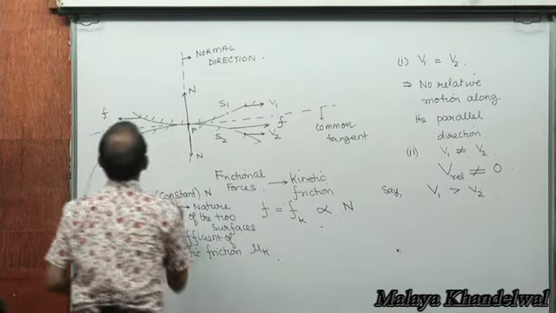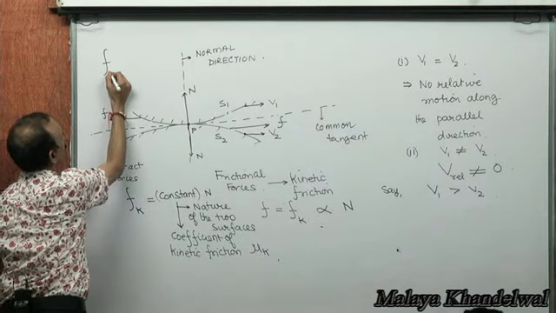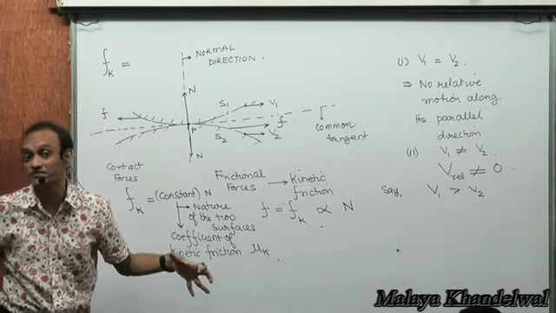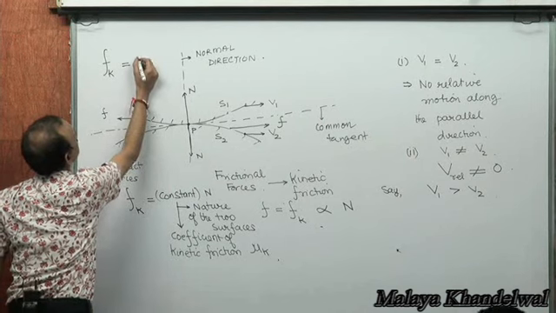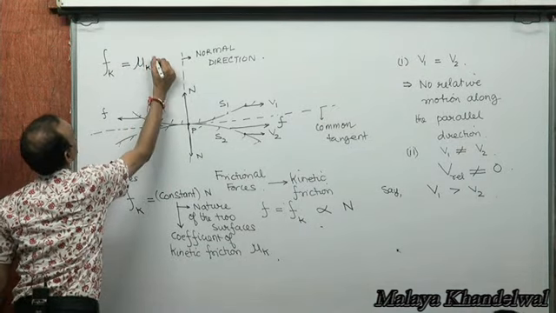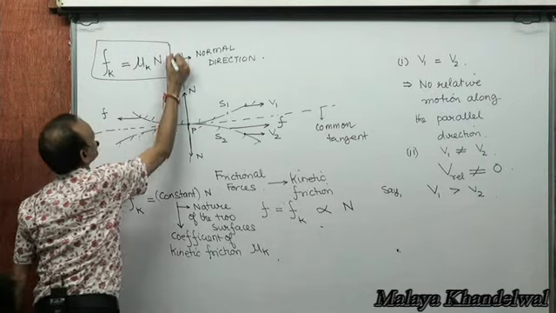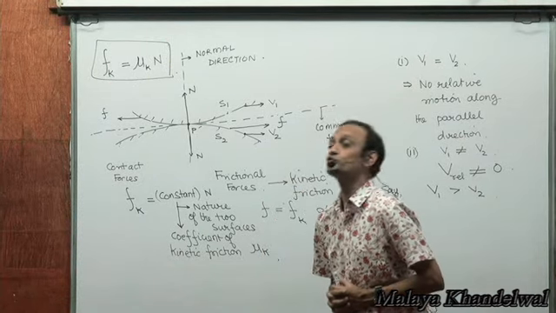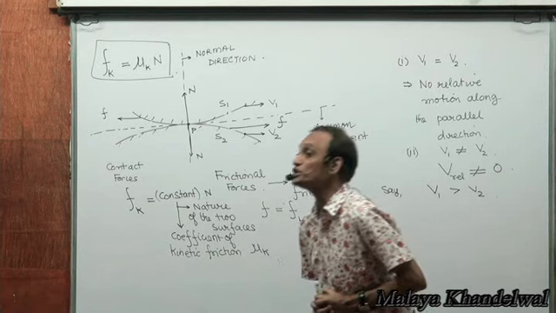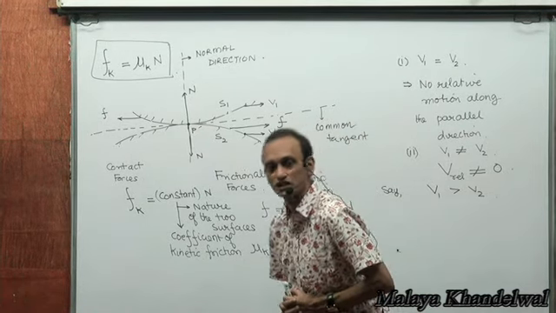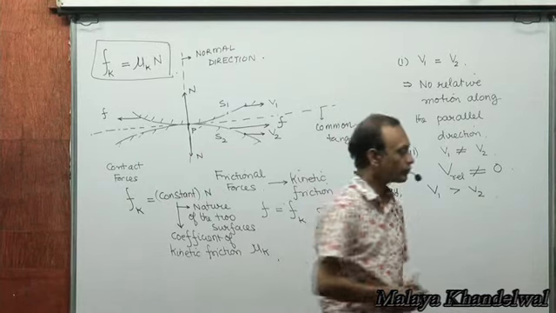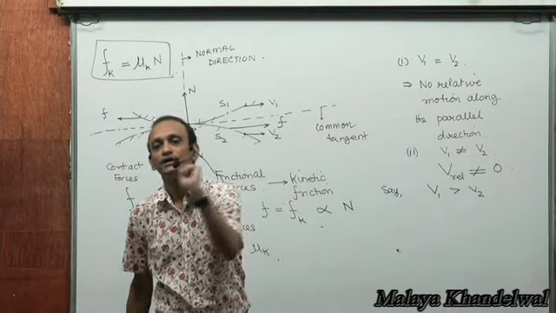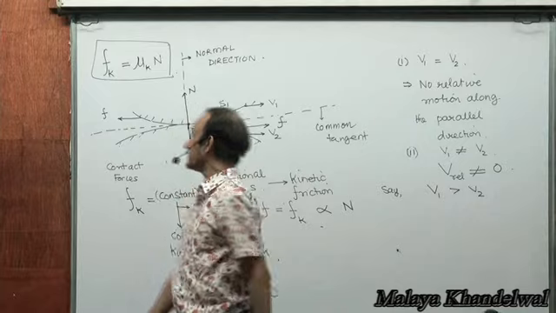So, once I have the value of N available to me from other considerations, this Fk is given by mu k into N. That's the kinetic friction between two surfaces that are enjoying relative motion in the parallel direction. Right? Mu k would be a number that would be prescribed to you. It is computed out of experiment, right?